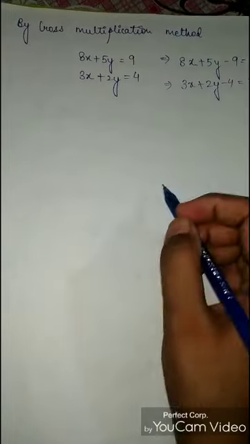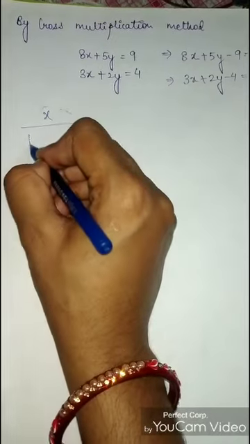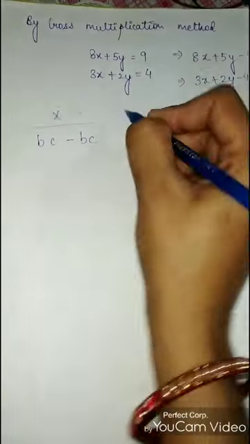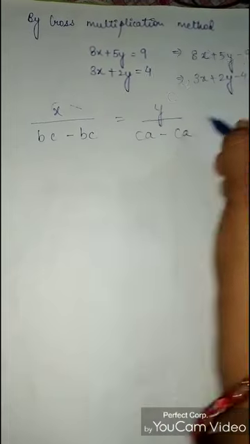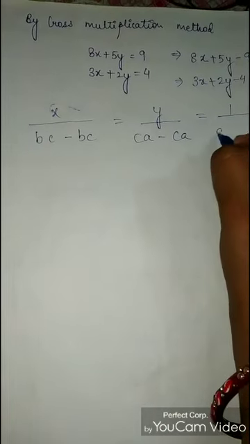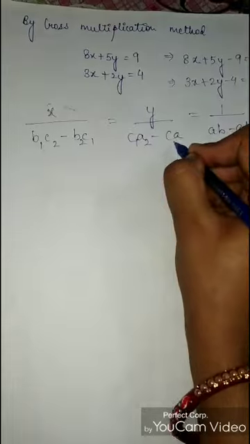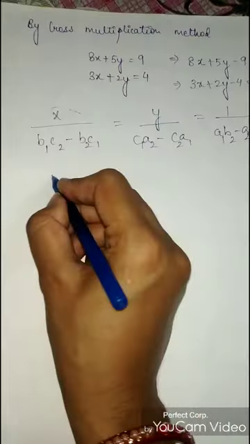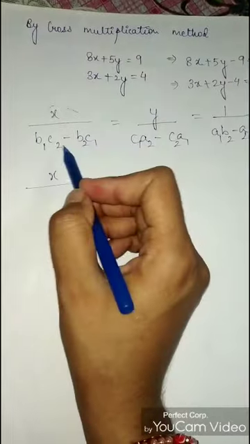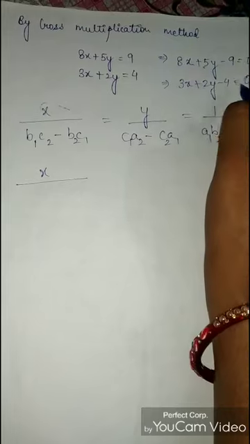Now what was the formula for cross multiplication method? x upon B1C2 minus B2C1, y upon C1A2 minus C2A1, and 1 upon A1B2 minus A2B1. So x upon, what is your B1? B1 is 5 and C2 is minus 4.